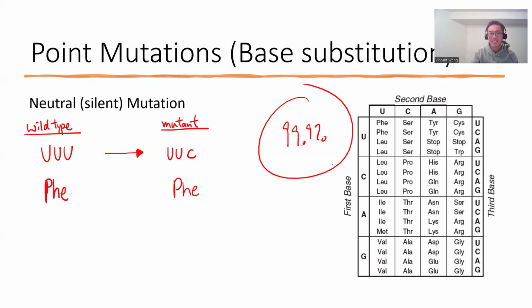I get you. Right. So look, listen. What makes you and I different is actually caused by a lot of these silent mutations. We call them single nucleotide polymorphisms. So just one nucleotide.